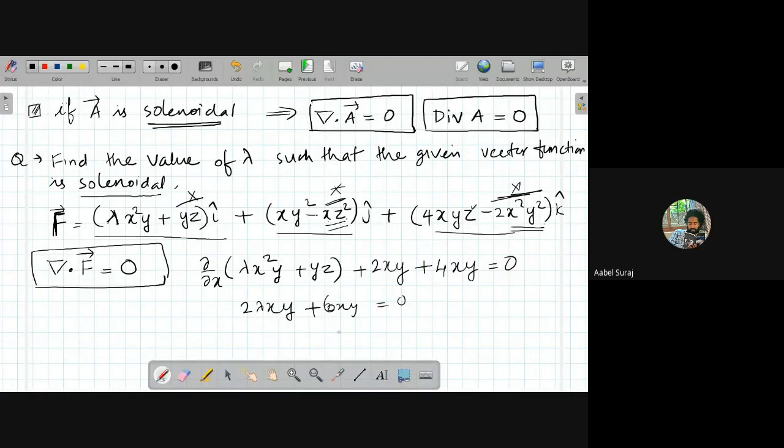Taking xy outside, 2 lambda plus 6 into xy is equal to 0. xy will not be 0, so 2 lambda plus 6 is equal to 0. So 2 lambda is equal to minus 6, lambda is equal to minus 3. The answer is minus 3. I hope you have understood how to do this problem, right?